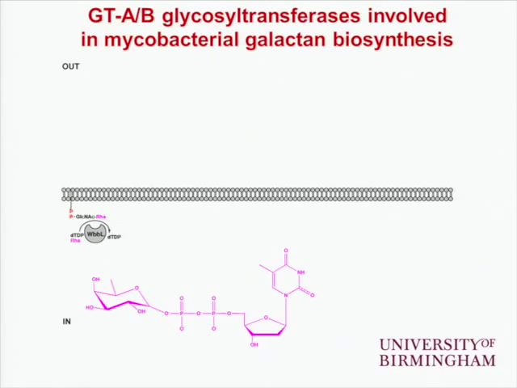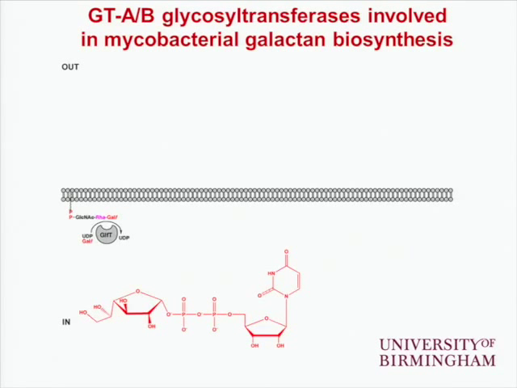We then have the addition of rhamnose from TDP-rhamnose by WbbL to give this intermediate. And then we have the addition of two galactose residues, both in the furanose ring form, coming from UDP-galactofuranose via this enzyme.